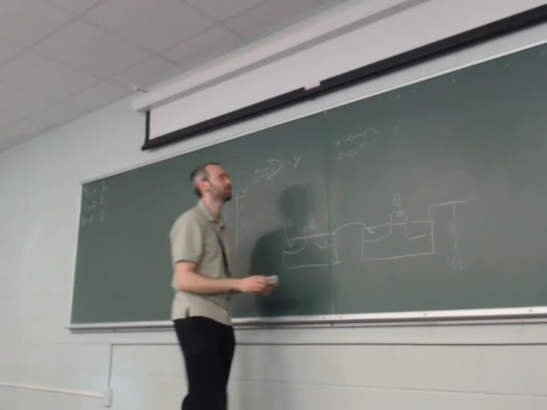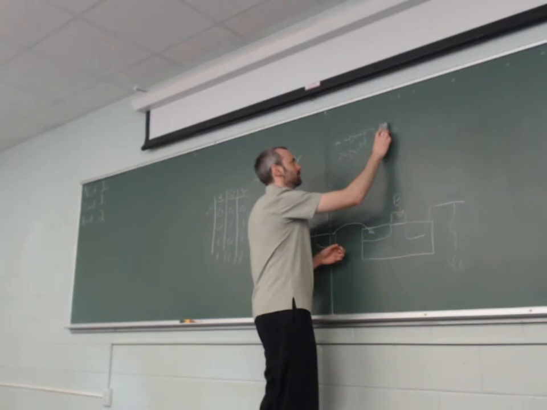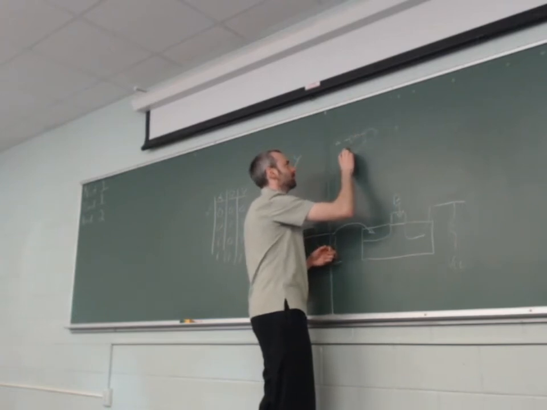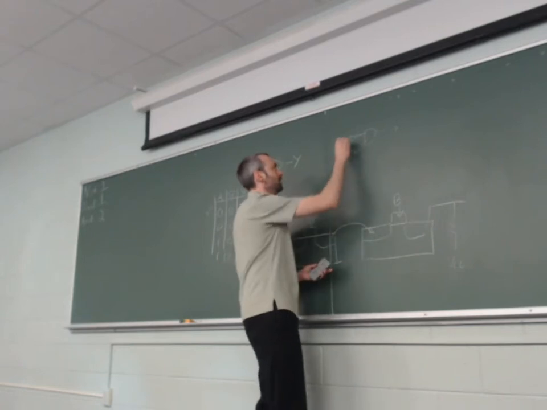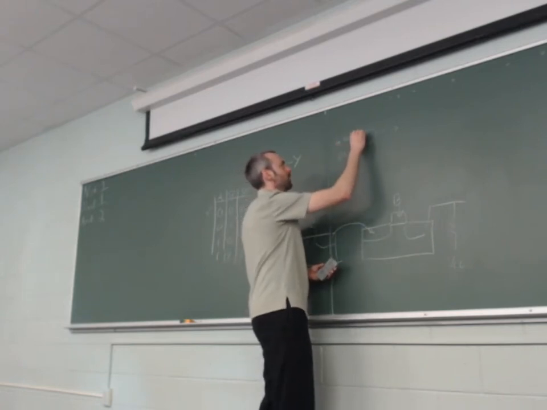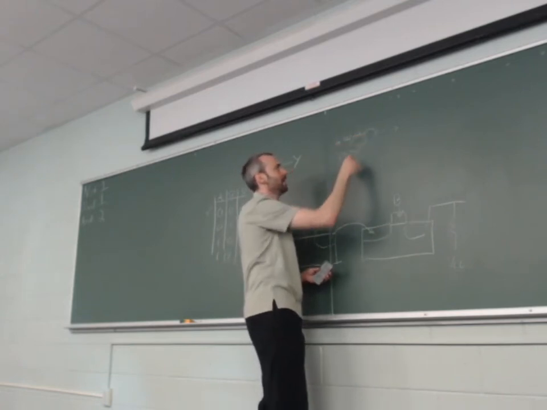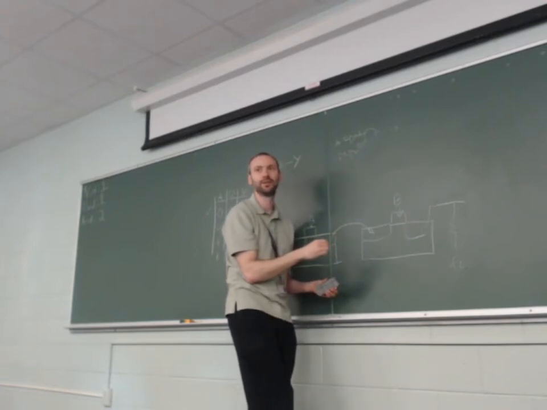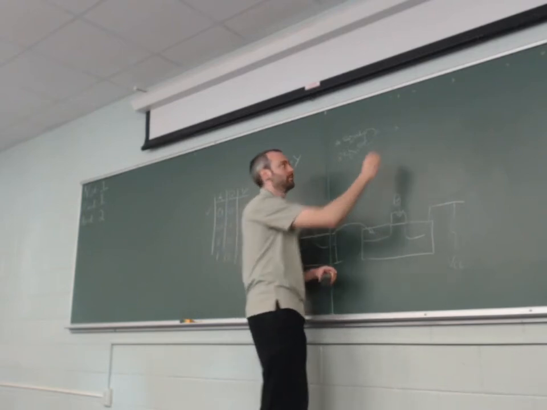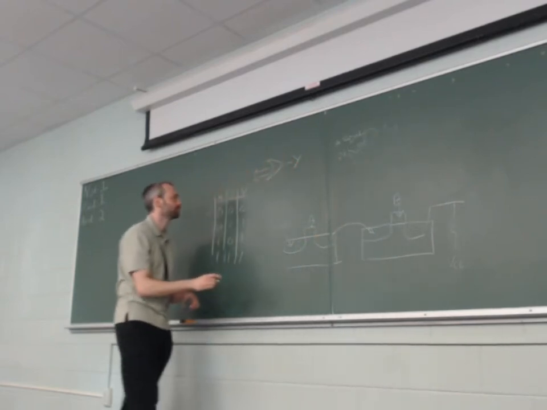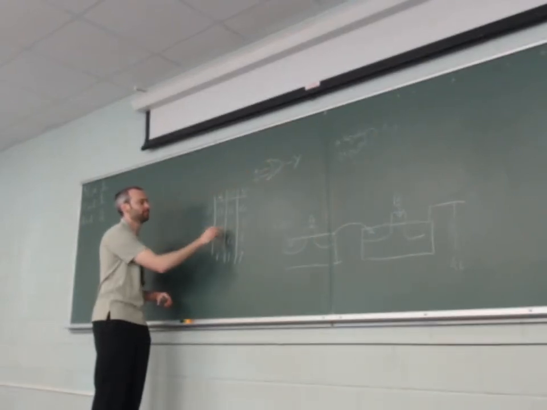Is that correct? Yes. All right, let's try the next one. A is 0, B is 1, so we get 1 and 0. The NAND of 1 and 0 is, well, the AND is 0. Knotting that makes it a 1, which is what we wanted.